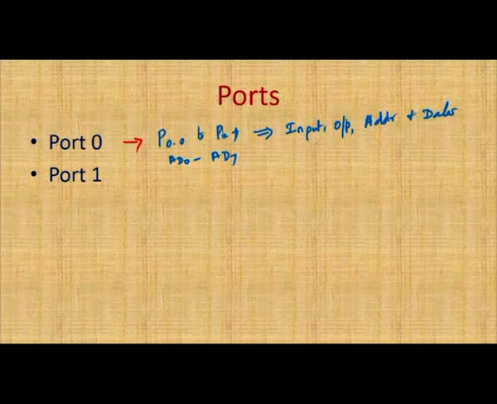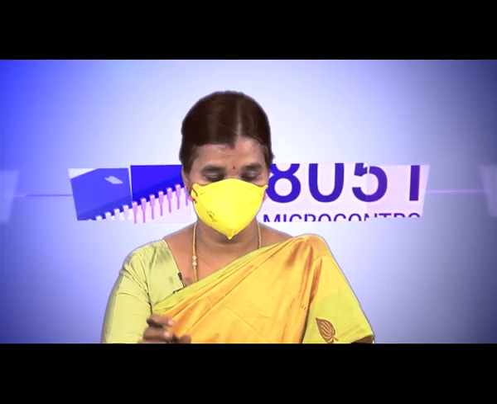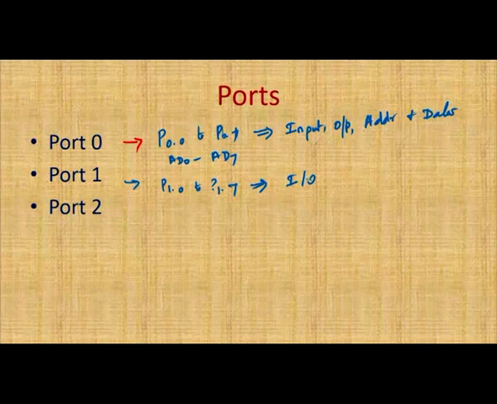Port 1, denoted with P1.0 to P1.7, has 8 signals used for input and output. So either you can use the 8 signals as input or the 8 signals as output. The next one, port 2, denoted P2.0 to P2.7.